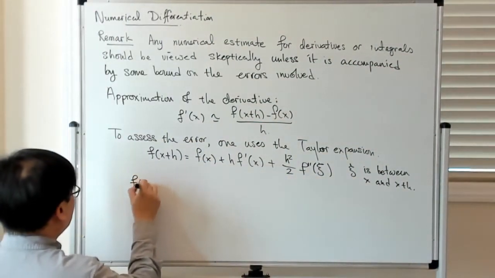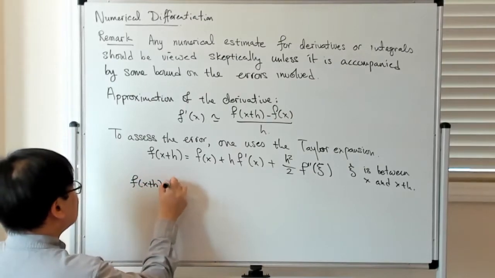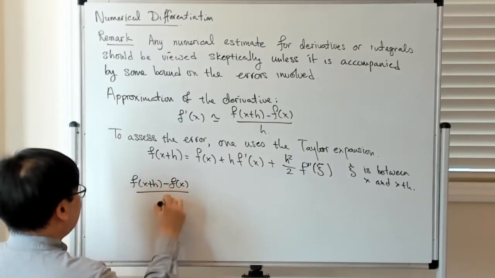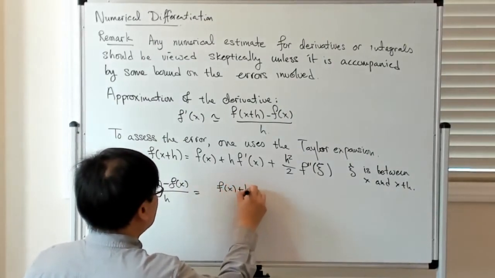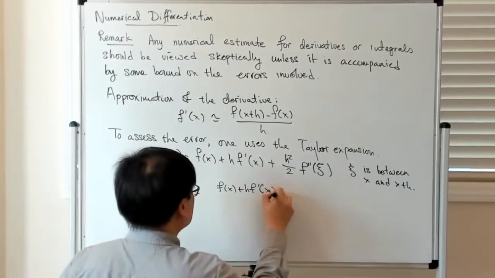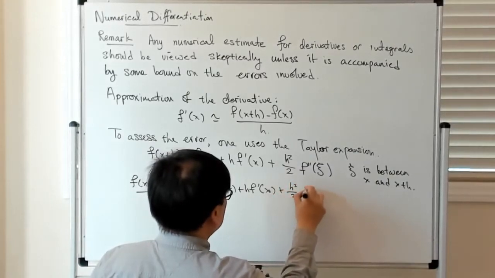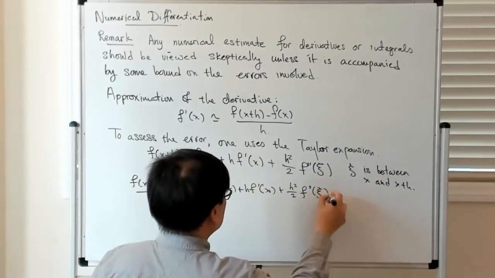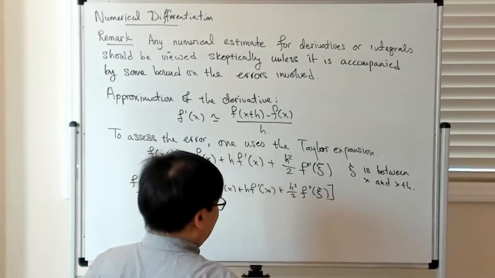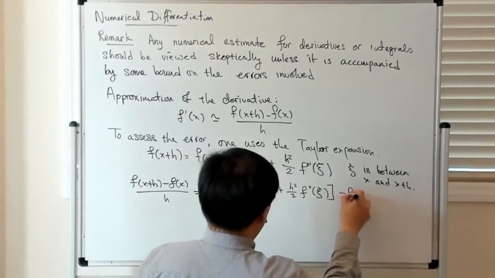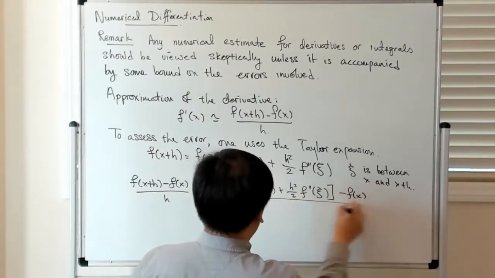So you have that f of x plus h minus f of x divided by h is equal to f of x plus h f prime of x plus h squared over 2 f double prime at c, minus f of x, the whole thing divided by h.